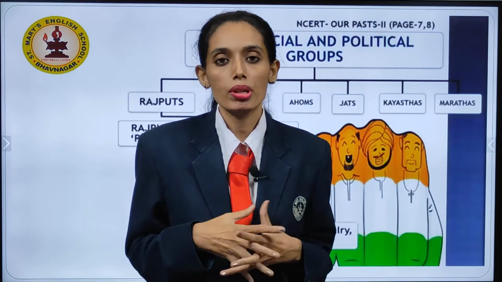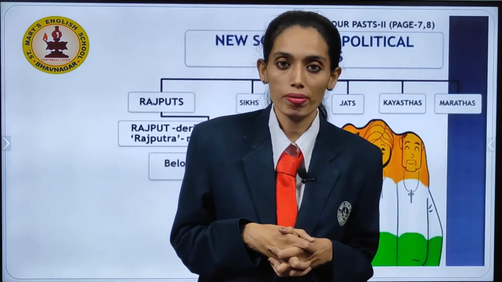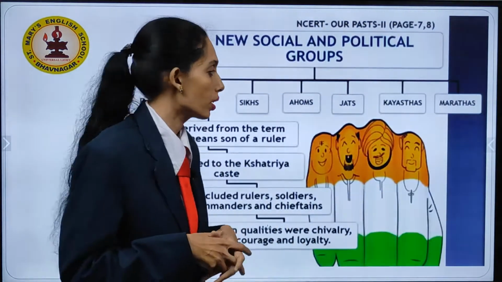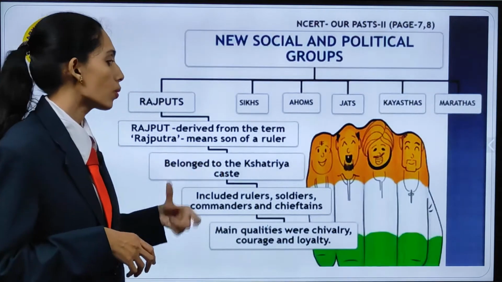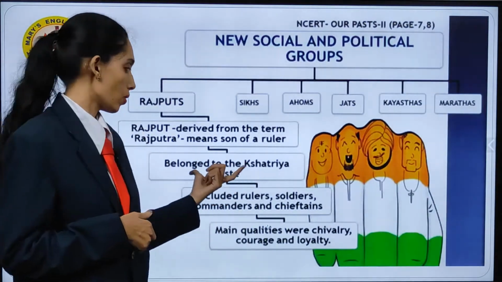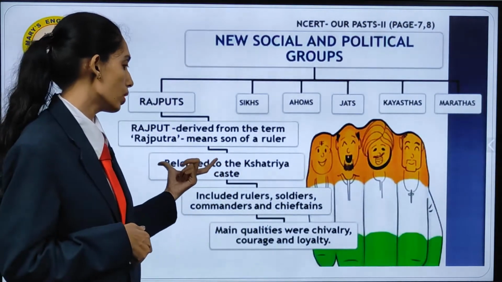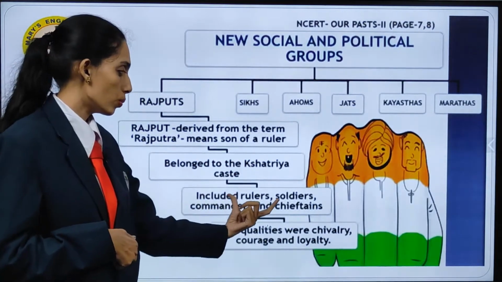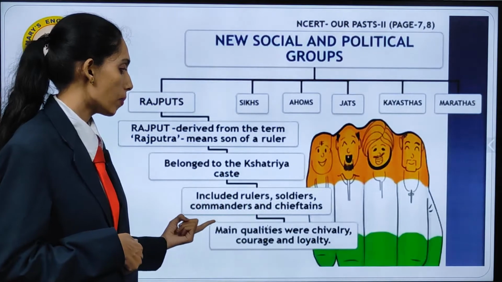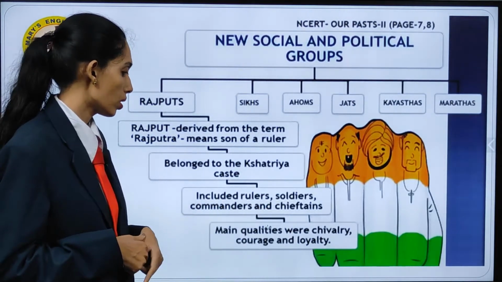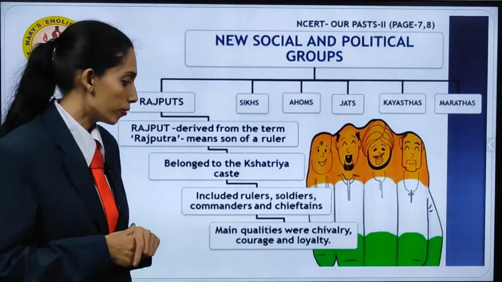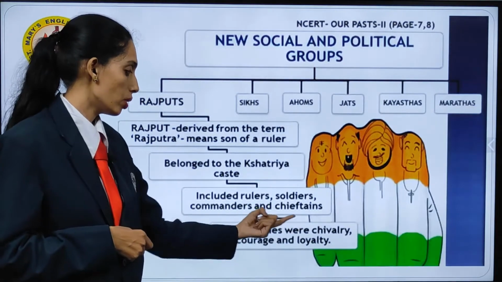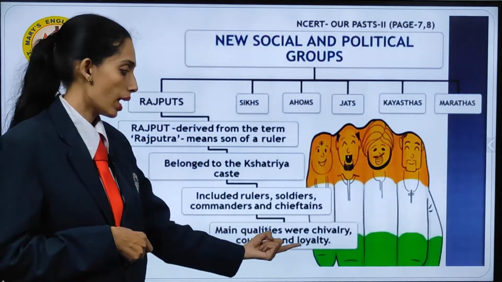They are born to sacrifice their life. In the earlier time period, these people used to go for fights. These people, Rajputs, belong to the Kshatriya caste. They included rulers, soldiers, commanders, and chieftains. The main qualities of these Rajputs were chivalry, courage, and loyalty.